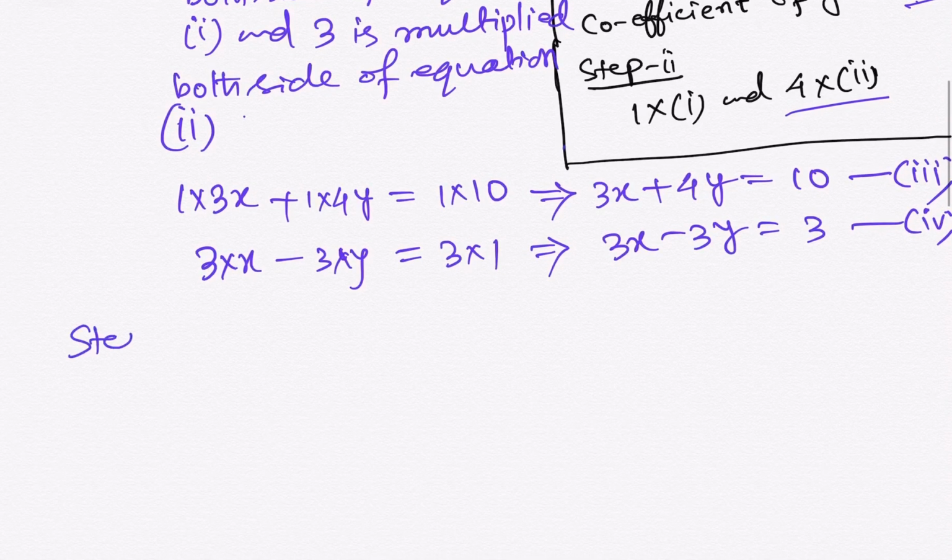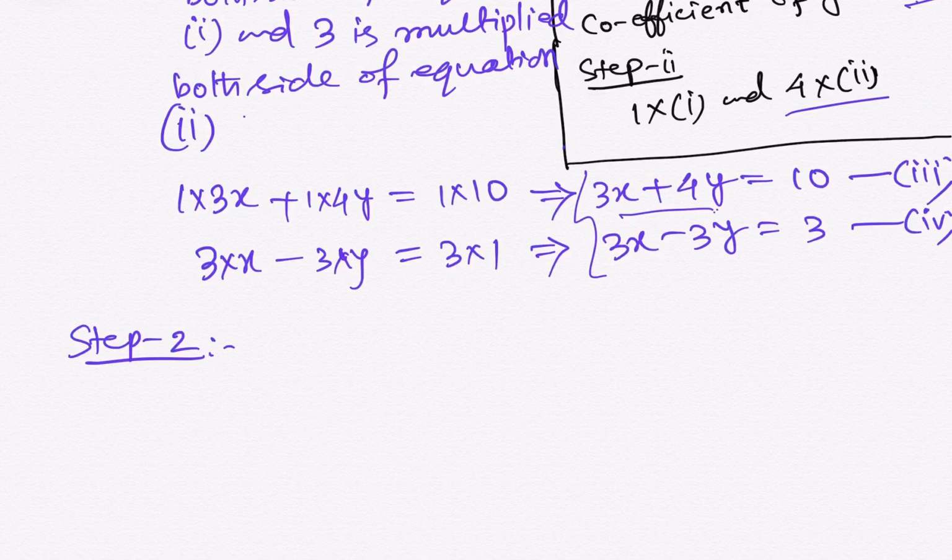After that, we apply step 2. In step 2, depending on the signs in both equations, we apply either subtraction or addition. Which operation we apply depends on the sign of both equations.